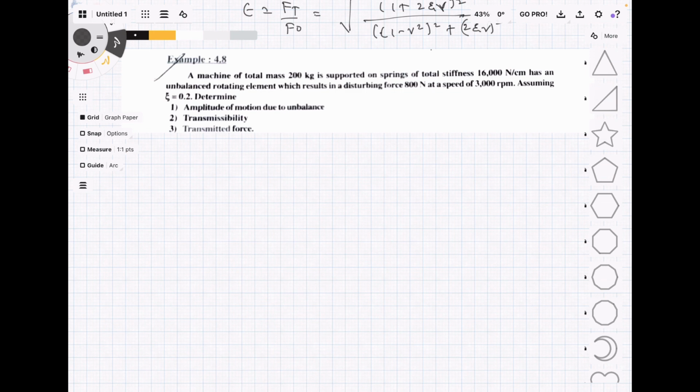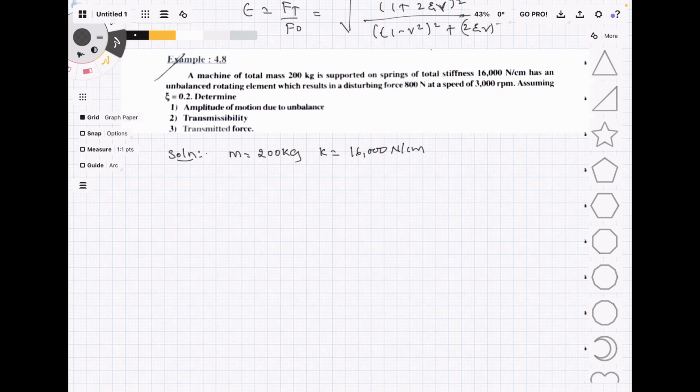For the solution, we'll first write the data which has been given. Here they have given the mass of 200 kg, and the stiffness K, which is 16,000 Newton per centimeter.